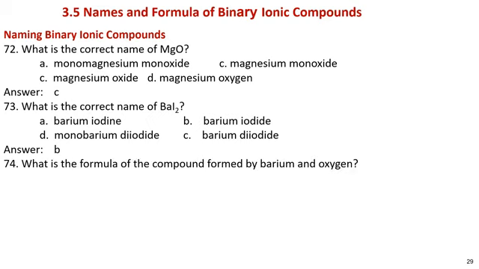Number 74. Formula of a compound formed between barium and oxygen. Barium is group 2A, 2 plus. Oxide is 2 minus. Therefore, the charge is balanced. You just write barium oxide, BaO.